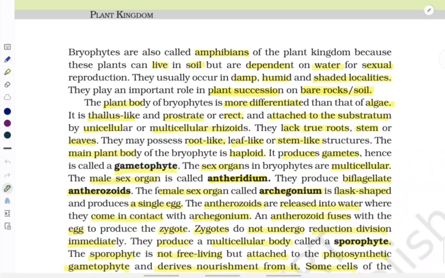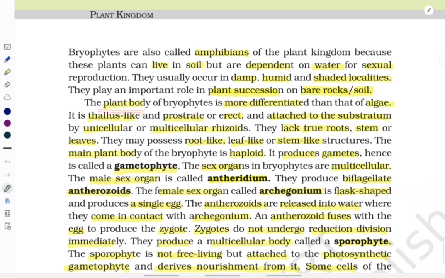Plant succession on bare rocks means when a rock is bare, with no plant growing upon it, these bryophytes help plants to grow upon those rocks or barren soil. That is what bryophytes do.